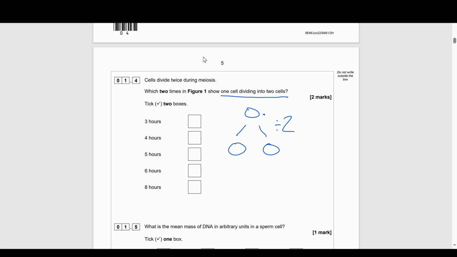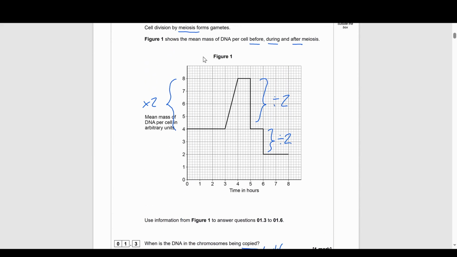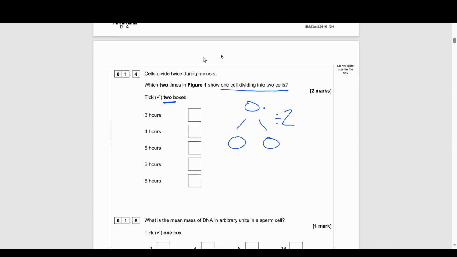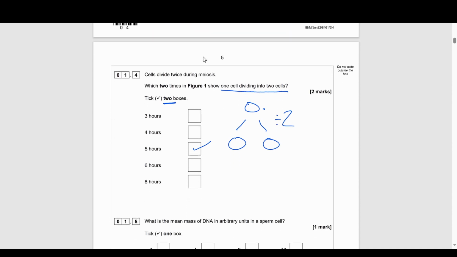We're looking now for those moments, because it says 2 times, so we need to tick 2 boxes, 2 times when it's dropping by 2. We can see at this point here, 5 hours, it's dropping by 2. You can see at 6 hours, it's dropping by 2 again also. So our 2 times which we're going to tick are 5 hours and 6 hours.